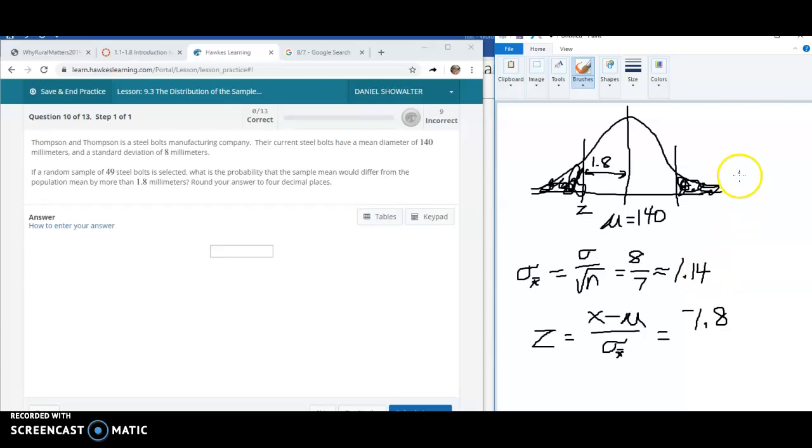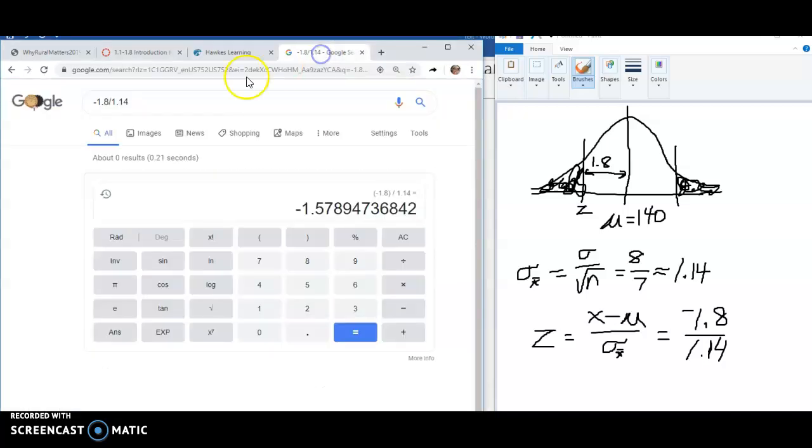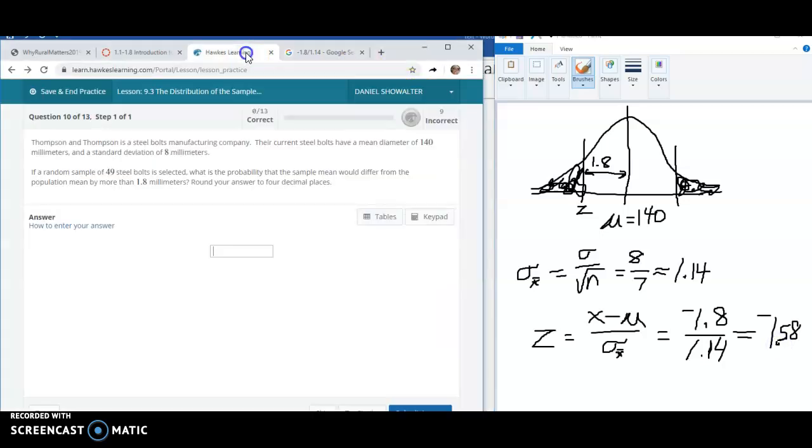This top value would be a positive 1.8 if we did want to calculate it, which we're not going to need to. And then we're going to divide that by that 1.14 that we already came up with. And if we type this in, so we're looking at negative 1.8 divided by 1.14, we get roughly negative 1.58 when we round that. So that's our z-score value.